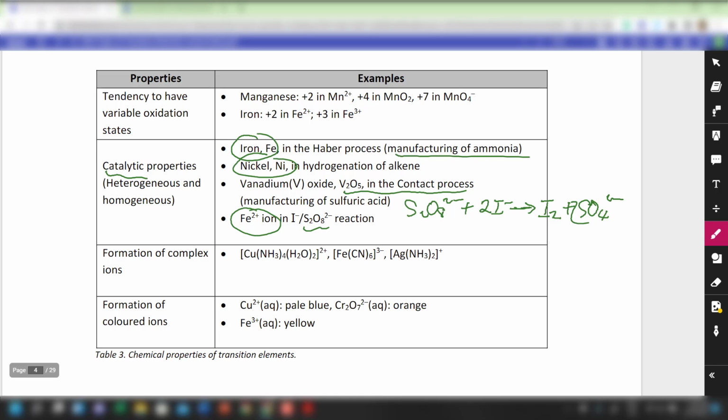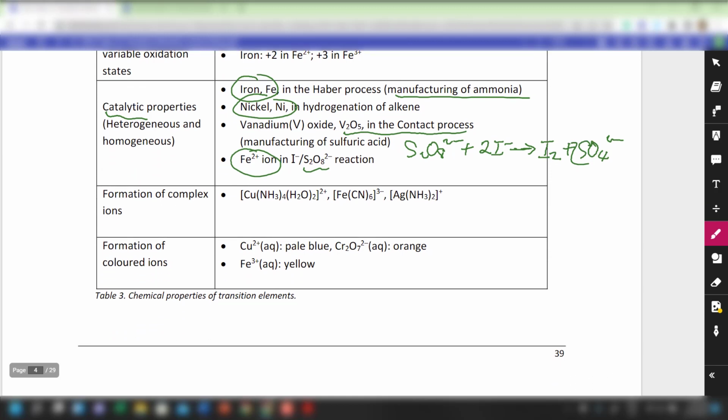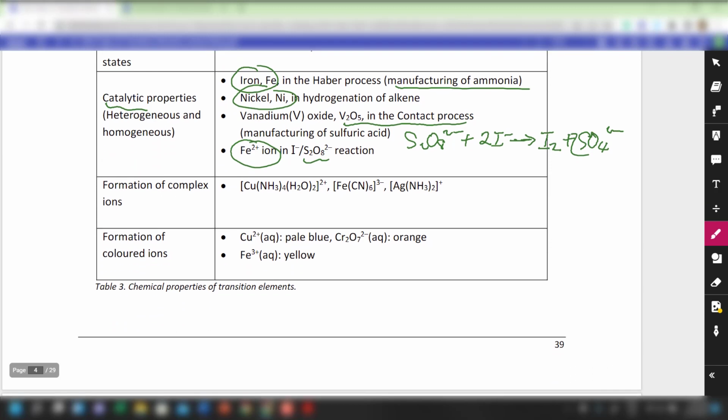Transition metal complexes: transition elements also tend to form complex ions. Although you can argue that aluminium forms complexes as well, because aluminium forms the hexaaqua aluminium complex, and magnesium also forms a hexaaqua Mg2+ complex, I'm not referring to the aqua species but to species other than water.